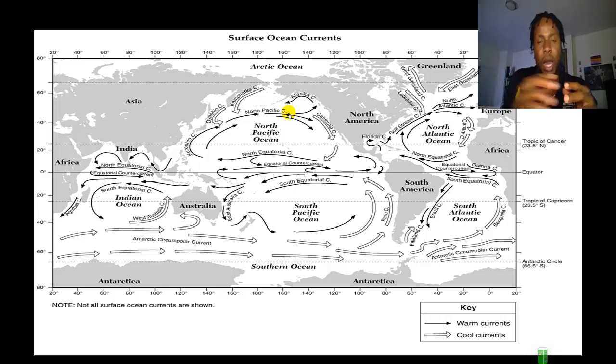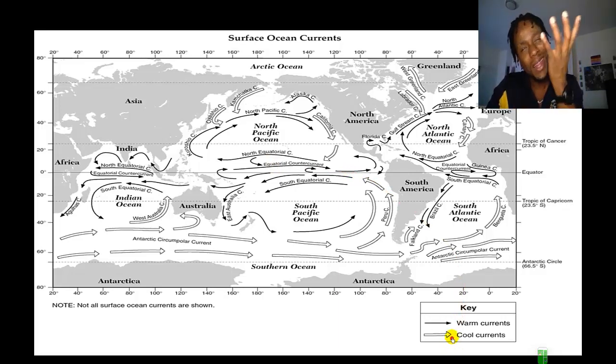Simply put, warm current brings in warm temperature and moisture, while cool current brings in cool temperature and lacks moisture. Take for instance the continent of North America. On the west side you have the California current, which is a cool current, so it's going to bring cool temperatures and dryness to the west coast of North America.